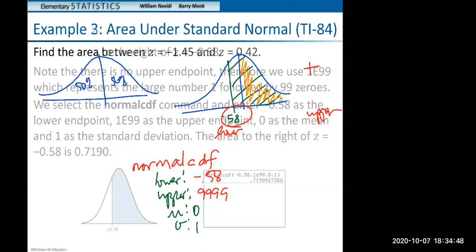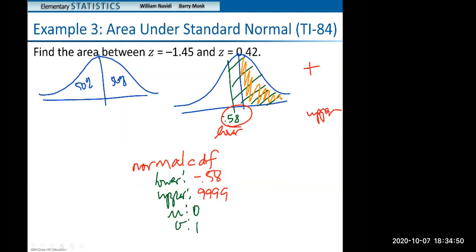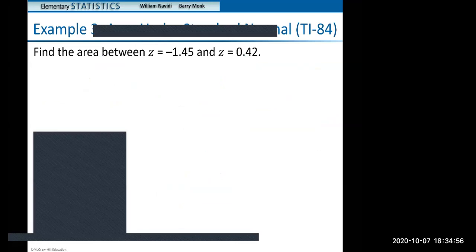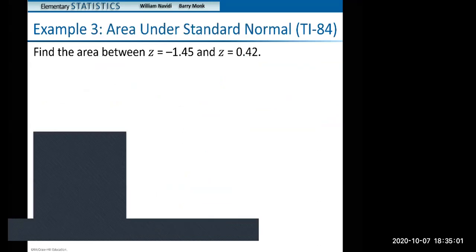All right, next one. How about this? This is the easiest among those possibilities. Find the area between negative 1.45 and 0.42.